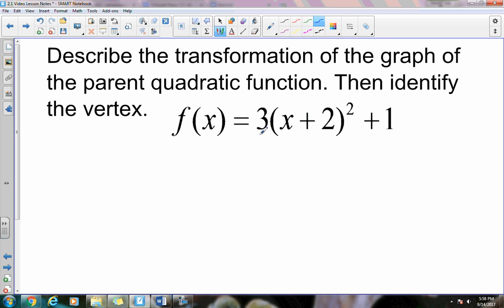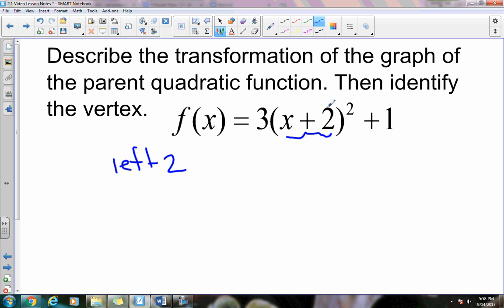A vertical stretch by 3, a shift left 2, and then a shift up 1. When I describe these, I like to start inside and work my way out. So first, inside the parentheses, I've got left 2.